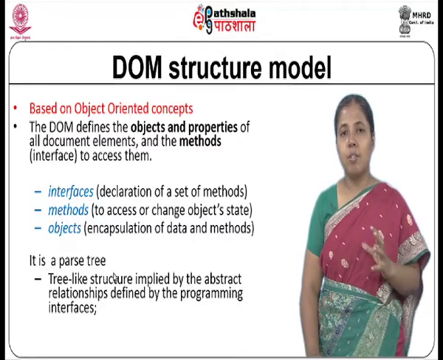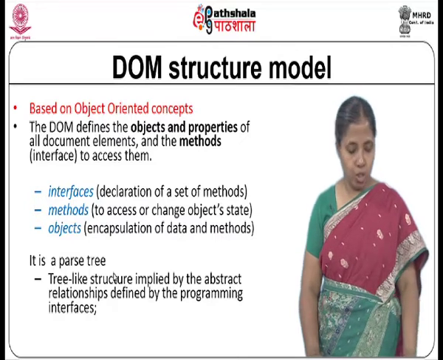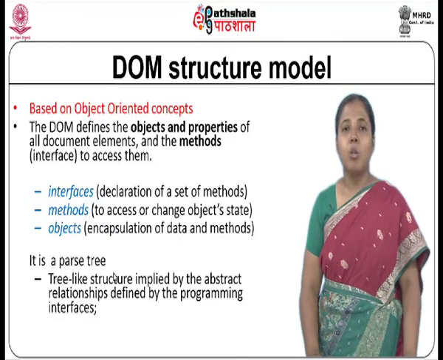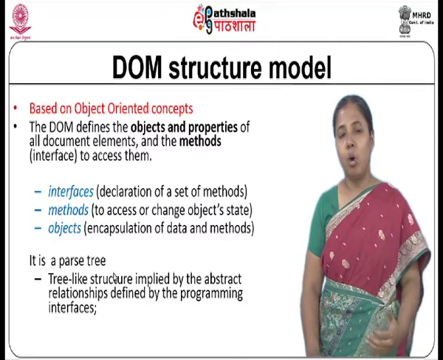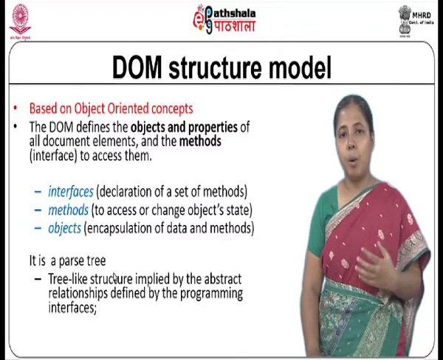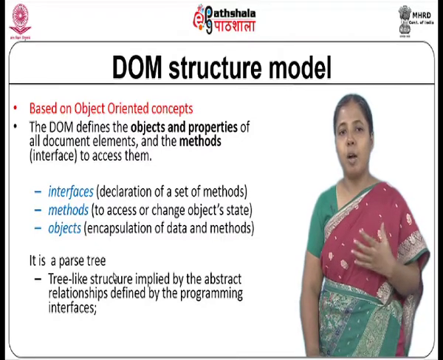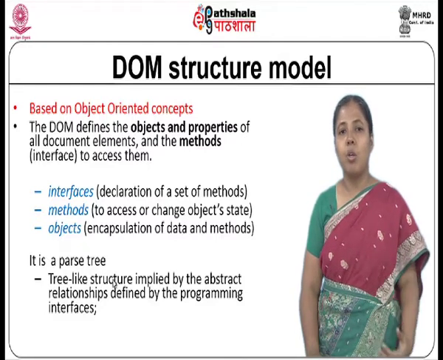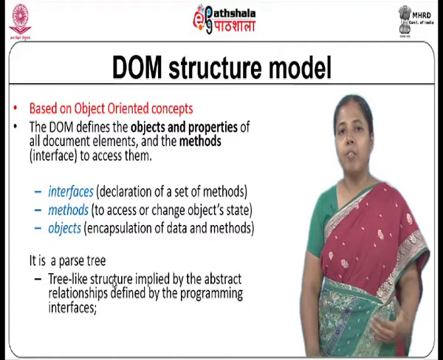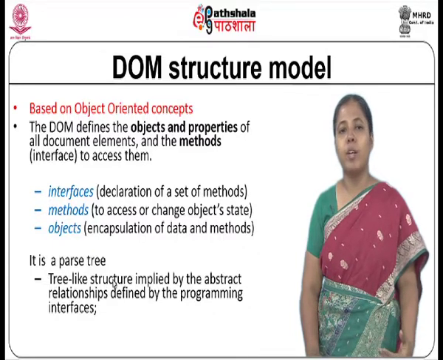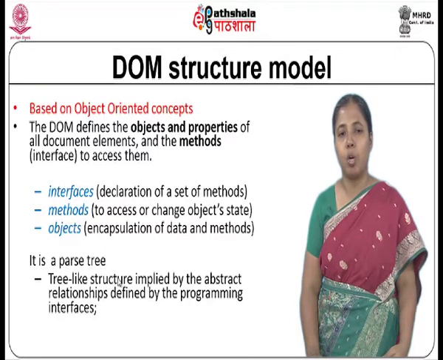So, we store this XML document as a tree of nodes. The basic structure of the DOM model comes as this hierarchical or tree structure. As said before, it defines the objects, properties and methods to access and manipulate the XML document.